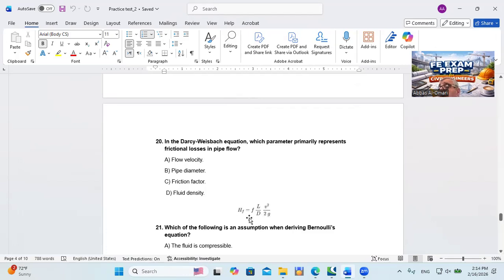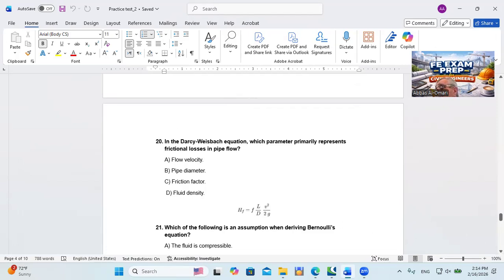All these factors, the length, the diameter, the velocity, affect the frictional losses or head loss. But the frictional losses are represented by the friction factor, or friction coefficient, which is f. So the answer is C.